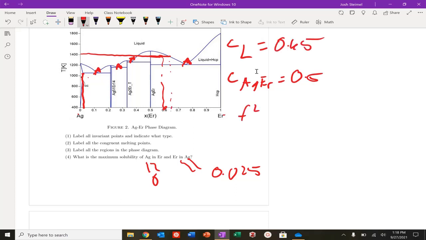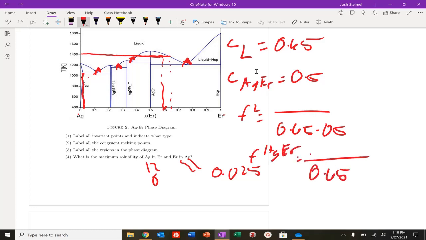So my fraction of the liquid is going to be 0.65 divided by 0.5. Fraction in the AgEr, again my lever rule, 0.65 minus 0.5. So my liquid will be essentially the opposite side here, basically 0.6 minus 0.5.